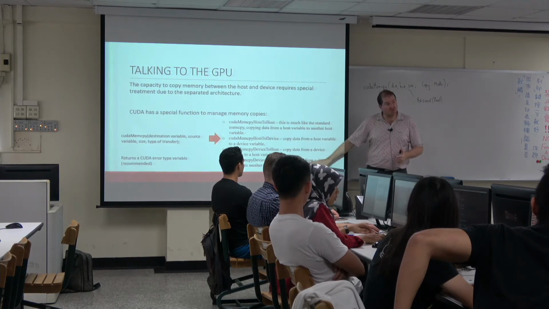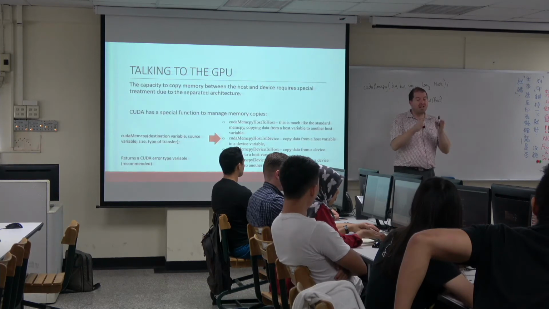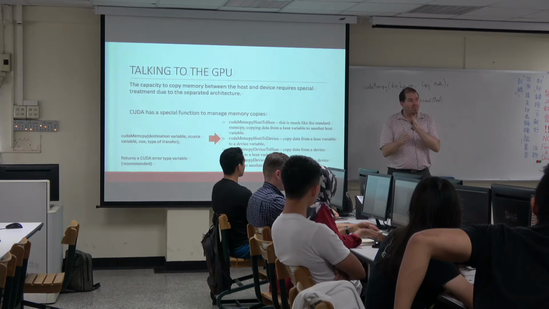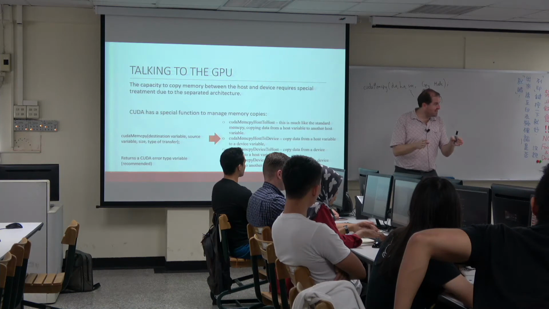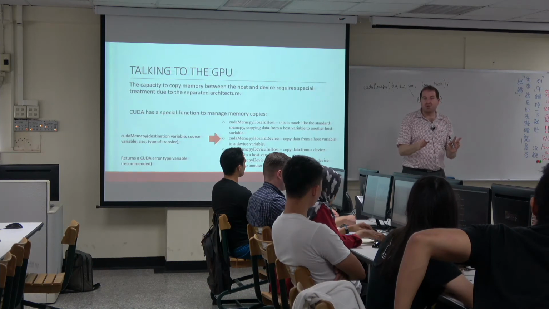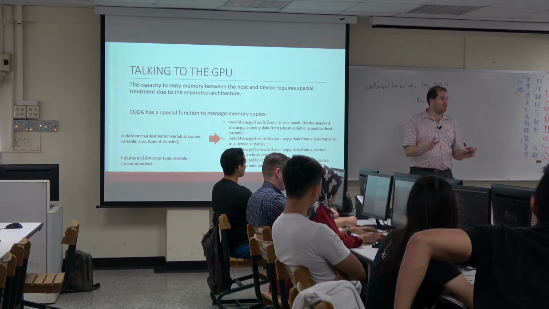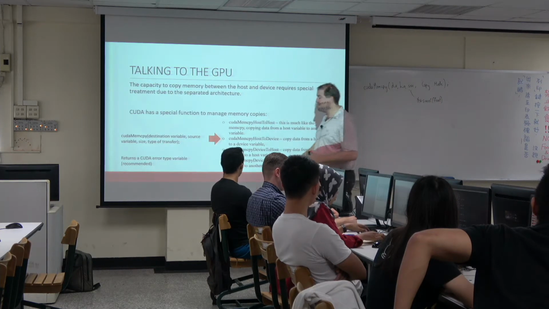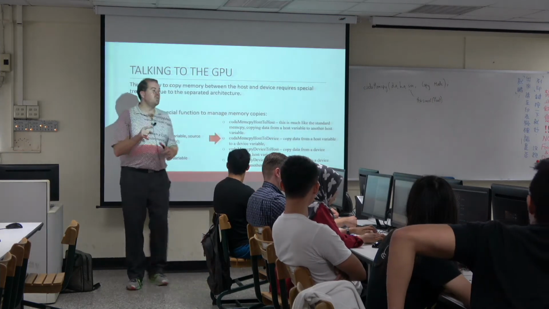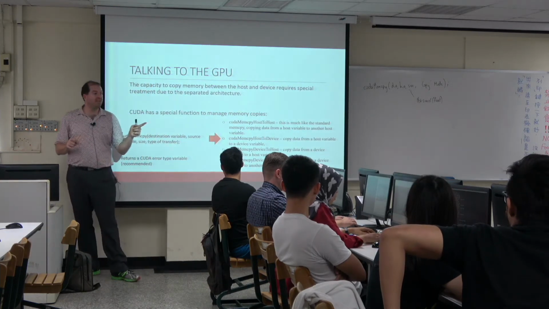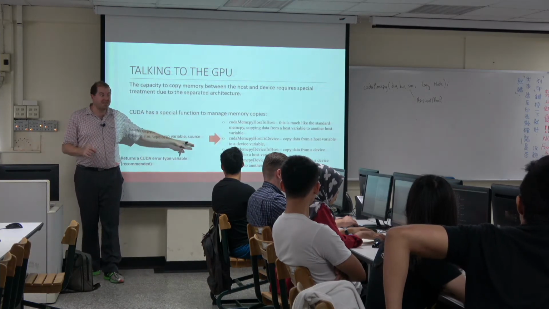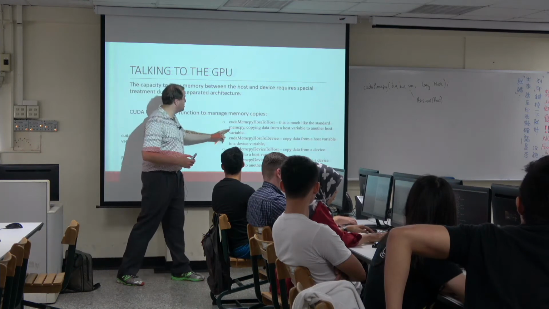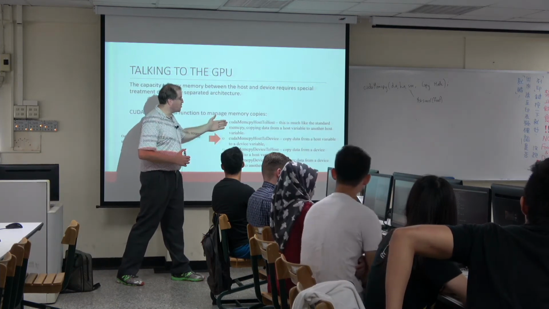Device to device does not mean if our computer has 2 GPU cards, copy from one device to the other device. 这个很不一样。如果你要做这个工作，你一定要用 MPI. That's a different thing. I'm not going to cover that in this course. Device to device means one variable on the GPU to another GPU variable. We will use this. 所以你会用到的是 this one, this one, and this one. Don't worry about host to host.